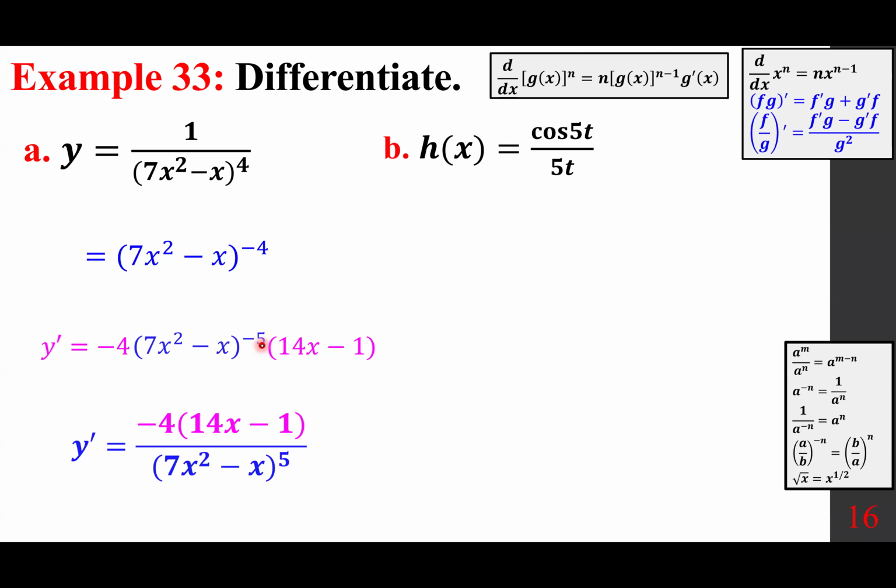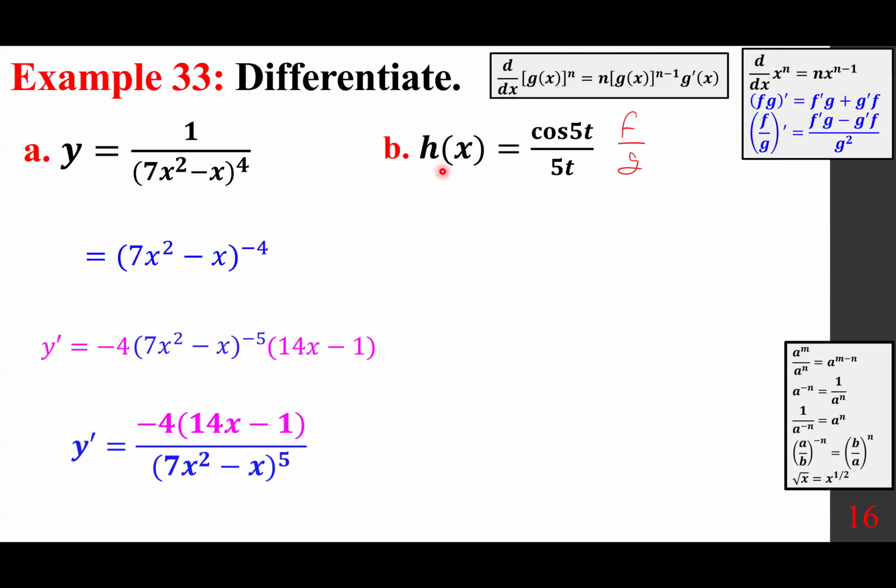h of x is cosine of 5t over 5t. Well, we're going to write it as f over g, and we are going to use the quotient rule. So we start with f prime.